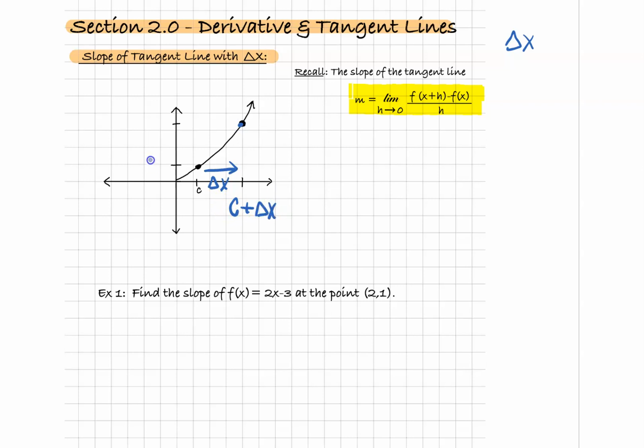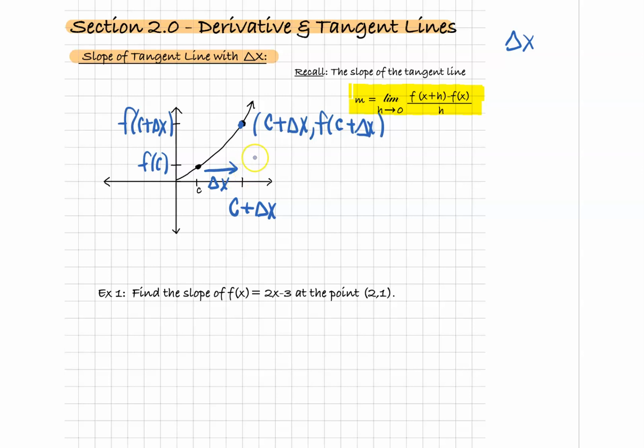Here, this y value is f of C plus delta x, so as an ordered pair, it would be C plus delta x, comma, f of C plus delta x.